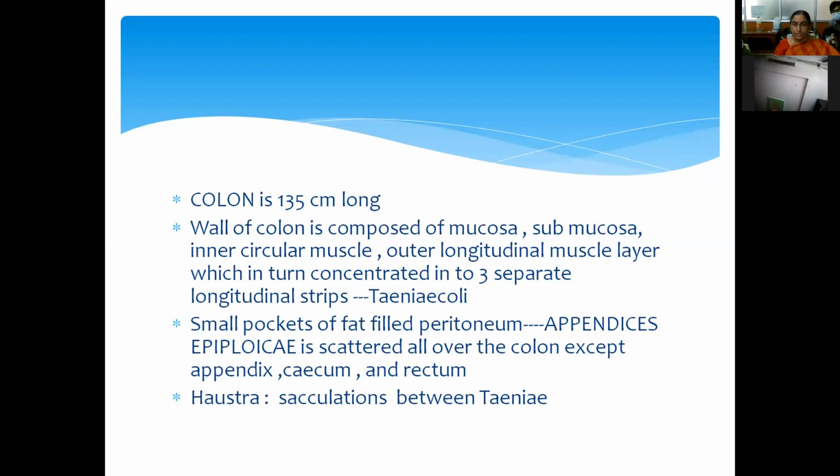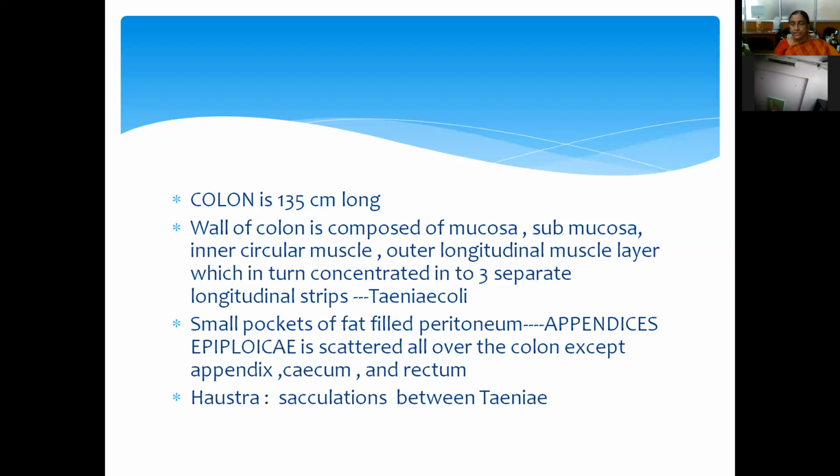The wall of the colon is composed of, just like other intestine, mucosa, submucosa, and muscular layer. In the muscular layer, we have an inner circular layer, but the longitudinal layer is modified here, where it is segregated and concentrated into 3 separate longitudinal bands, the tinea coli.